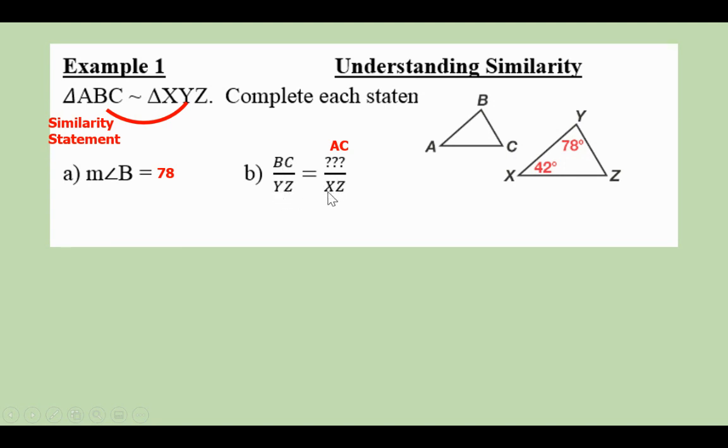XZ are the first and the third, and they have to be partnered up with the first and the third. There are two different ways to set up these ratios. One way is the left triangle divided by the right triangle, and that's the way they did this particular problem: the part in the left triangle that matches to the part in the right triangle.